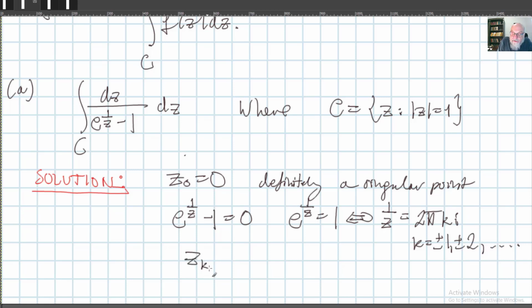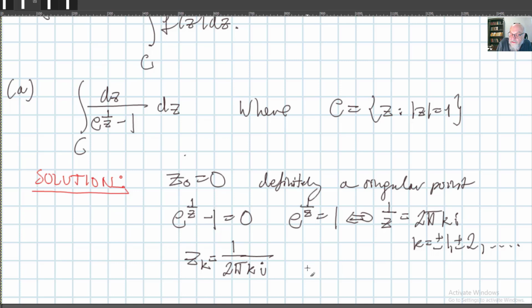So that means those are the poles, which are equal to 1 divided by 2 pi k i. I can put this i at the top, change it to minus, or keep it in the bottom, that's okay.